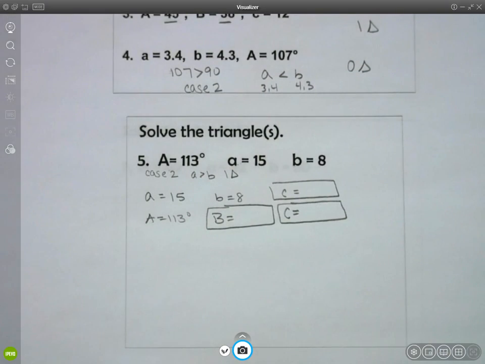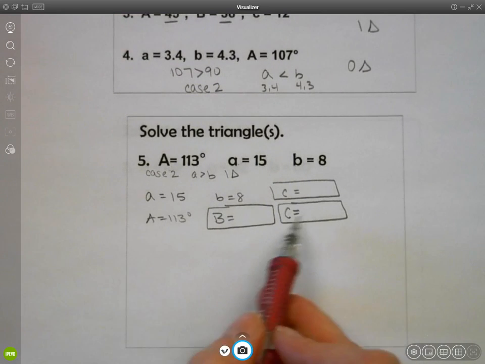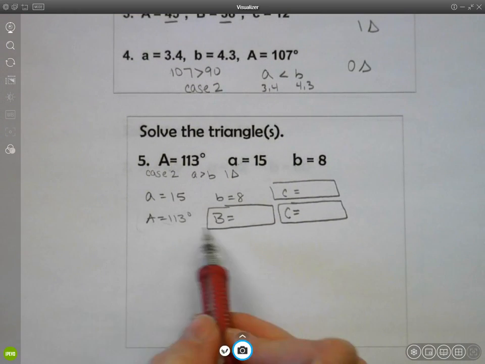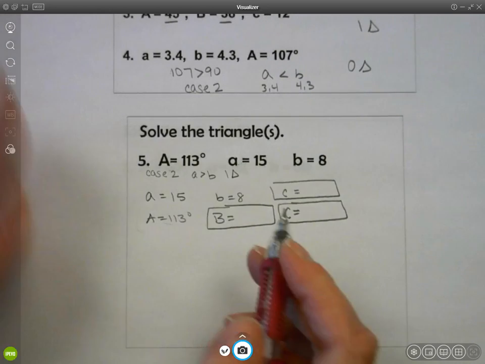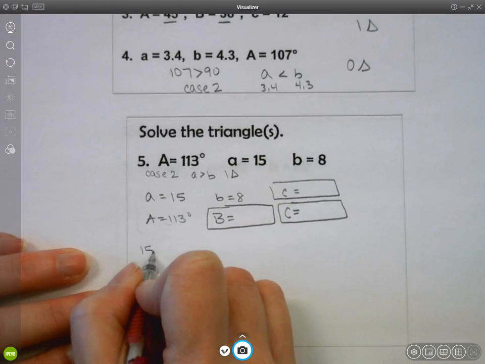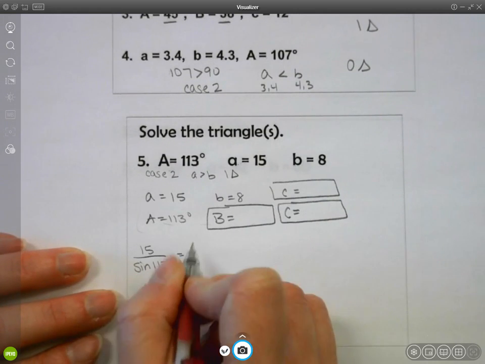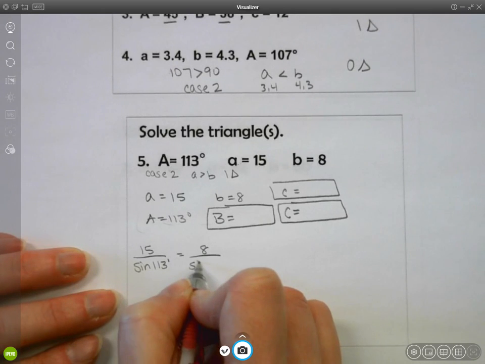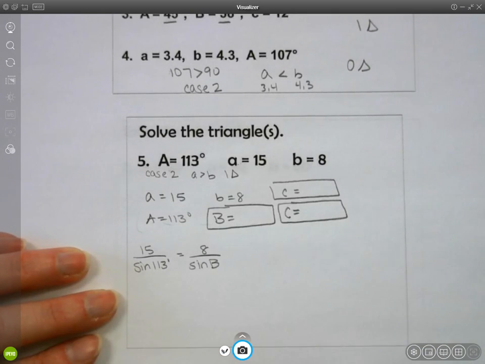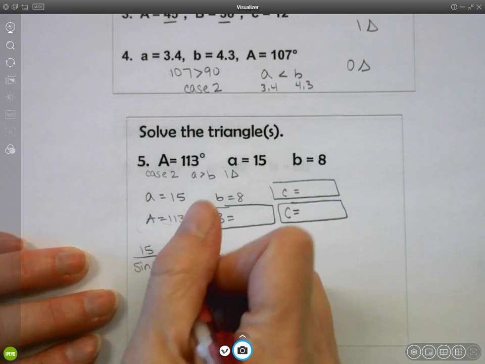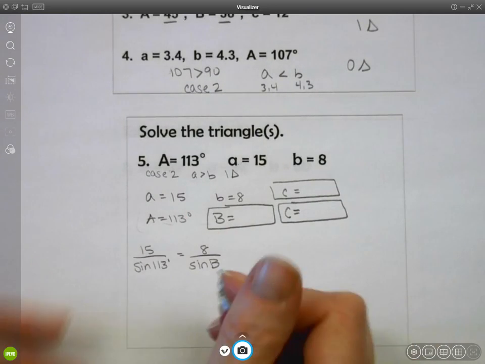All right, so when it comes to solving when you only have one angle, then it's obvious when you write things like this that when you set up your first proportion that you're going to use this information. So we know we're going to say 15 over sine of 113 is equal to 8 over sine of B. All right, so we still cross multiply and divide.